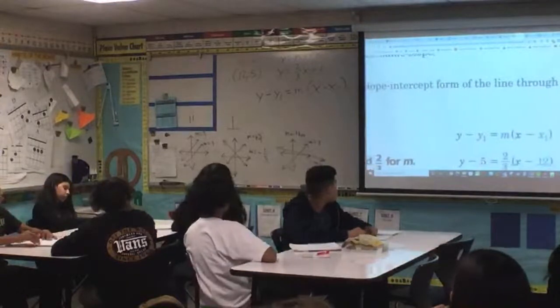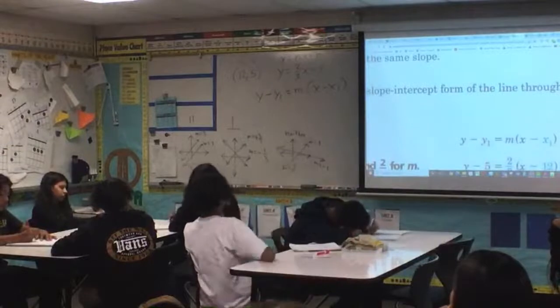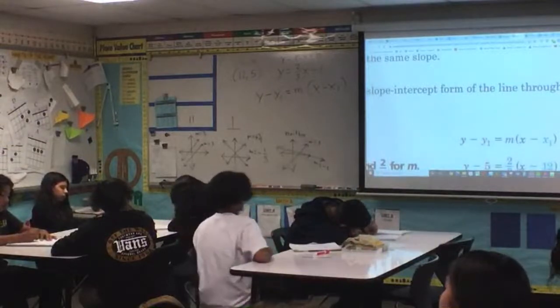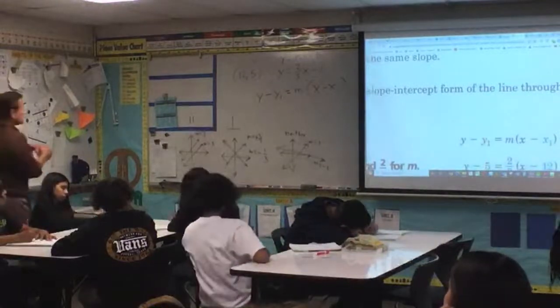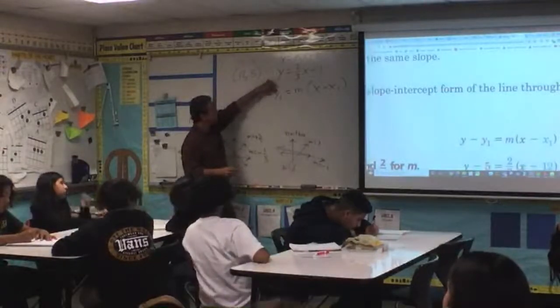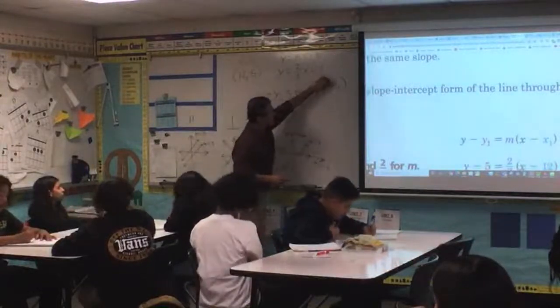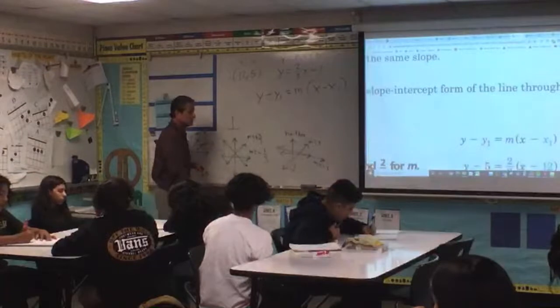So we started here by writing down the formula. Now we're going to substitute. So y sub 1, put in here. X sub 1 to put in here. And go ahead and write it out and see what you come up with.